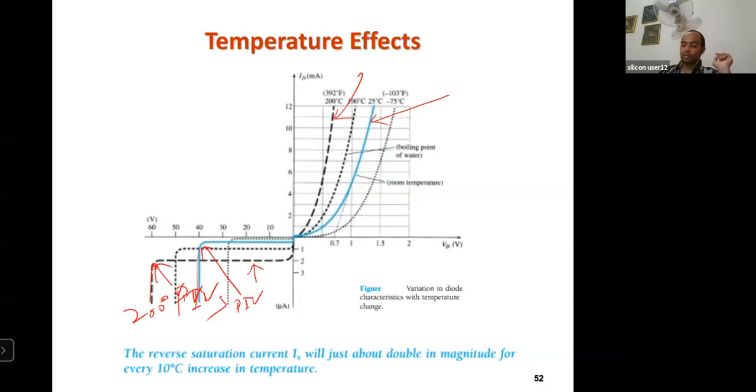Okay, तो रिमेंबर दिस फिगर लाइक दिस. Let us say this is for 25 degree and the dotted line is for 200 degree. Okay, so the dotted line is 200 degree and this solid line is for 25 degree.